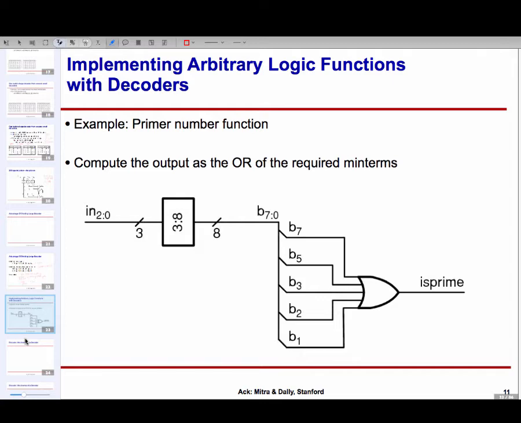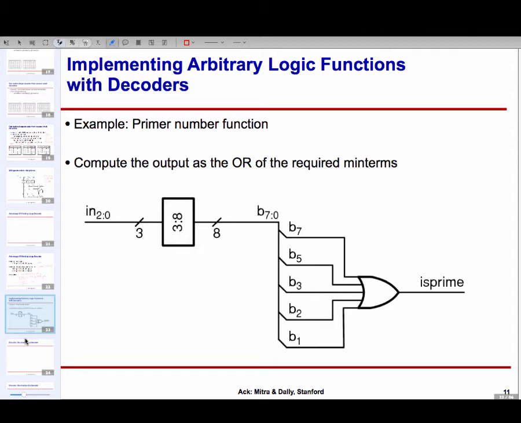Then I can share this part of the decoder, and is even can just be tagged along as a second OR gate, right? So for multi-output functions, I can share the decoder part and then just have different OR gates combining different minterms.